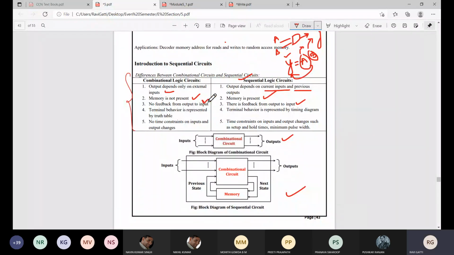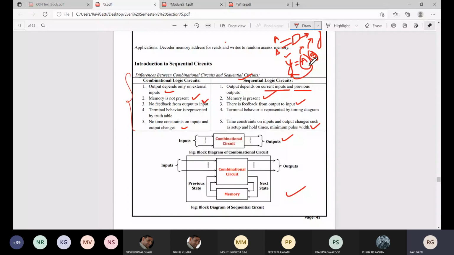And then the last one is, no time constraints on input and output changes. We are not giving any external input signal for timing in the combinational circuit, whereas in the sequential circuit we give some pulses, and those pulses we call clock pulses. Depending upon the clock pulses, your output will change. It's not only for the input signals.